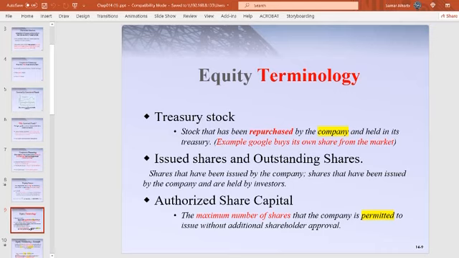Sometimes the company itself can buy its own shares, after initially issuing shares to the people. Let's say they have extra money at the end of the year and no investment to invest in. They can buy their own shares from the market, which will increase the share price because there will be a shortage in the market.